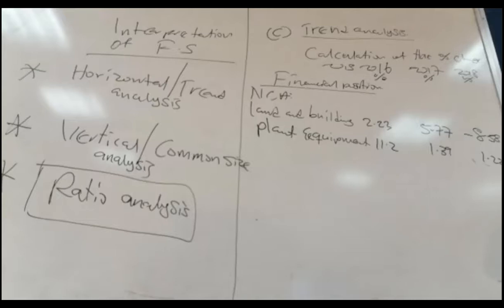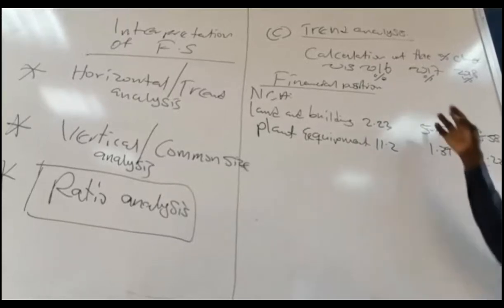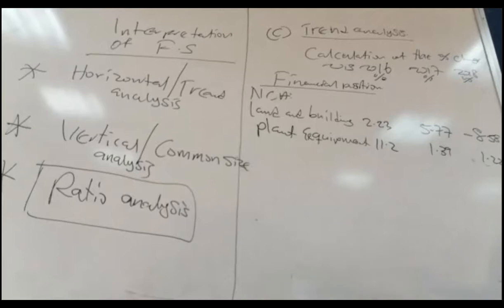So Fred, for the non-current asset, you should not add the individual percentages. You have to pick the total given to us in the question. So for 2016 we pick the 2356.